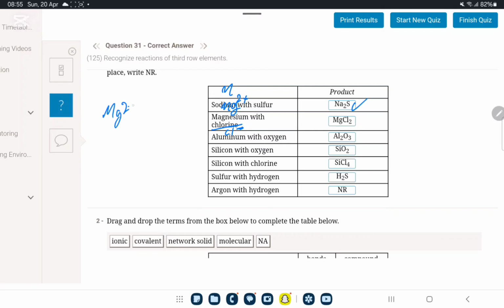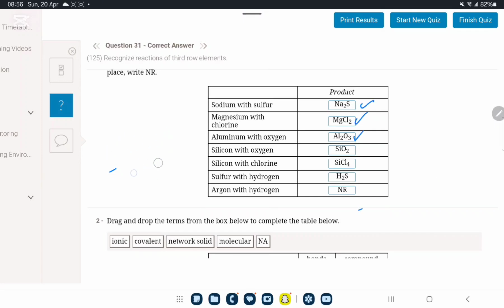Crisscross Mg2 plus and Cl minus, MgCl2. And then aluminum with oxygen. Al is in group 3, 3 plus, and oxygen is in group 6, O2 minus. Crisscross Al2O3.